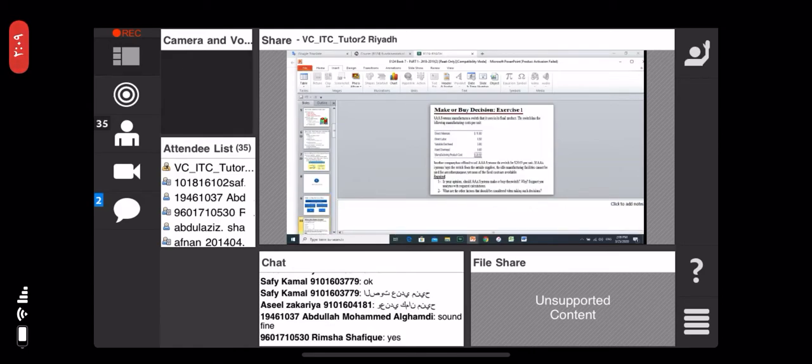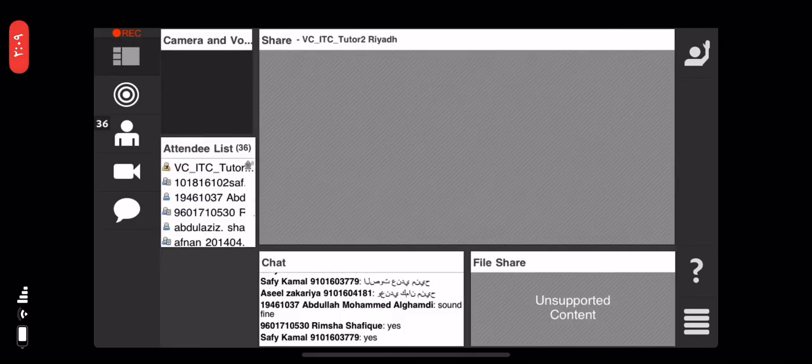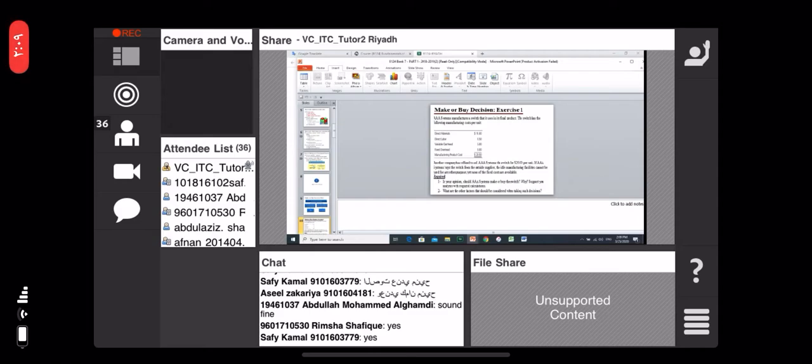So here, as you see, we have exercise number 1. We need to compare between what? Here, as it said, the purchases cost.